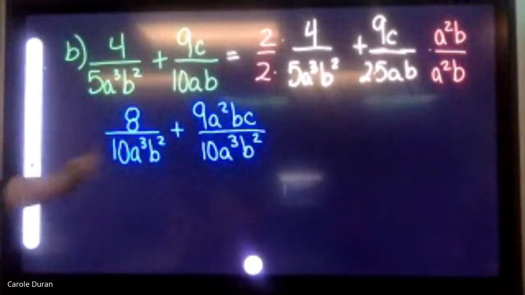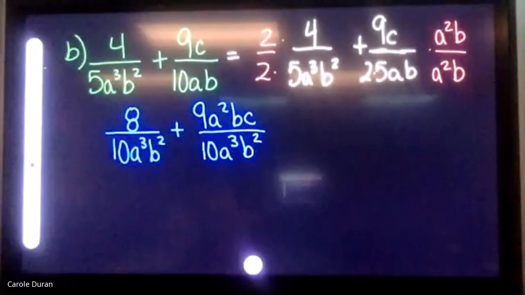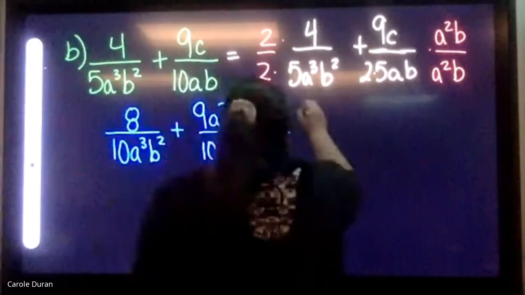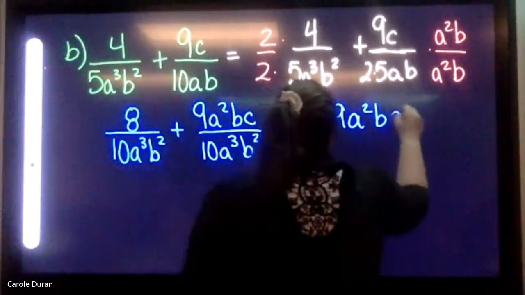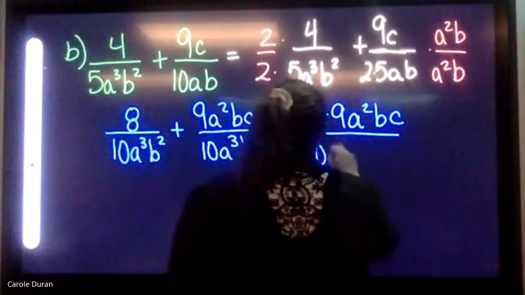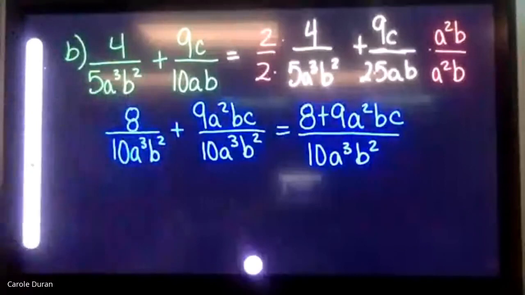Put them together with this operation and then write them over the same denominator. So this becomes 8 plus 9a squared bc over 10a cubed b squared. And from here, I would look to see if there's anything I could reduce, and there's not, so I'm good. That'll be it.